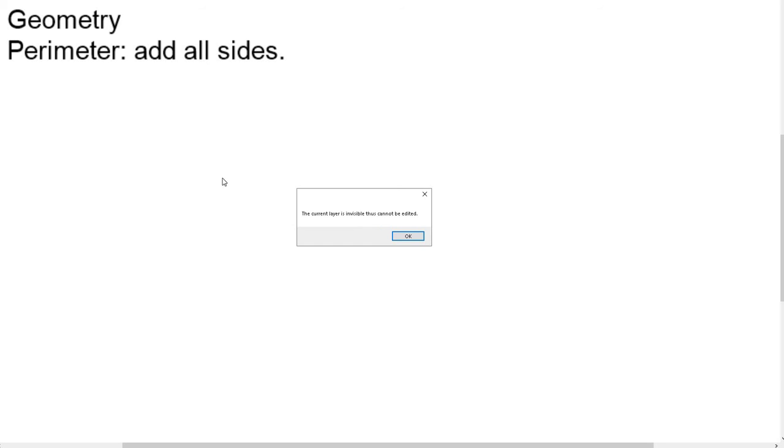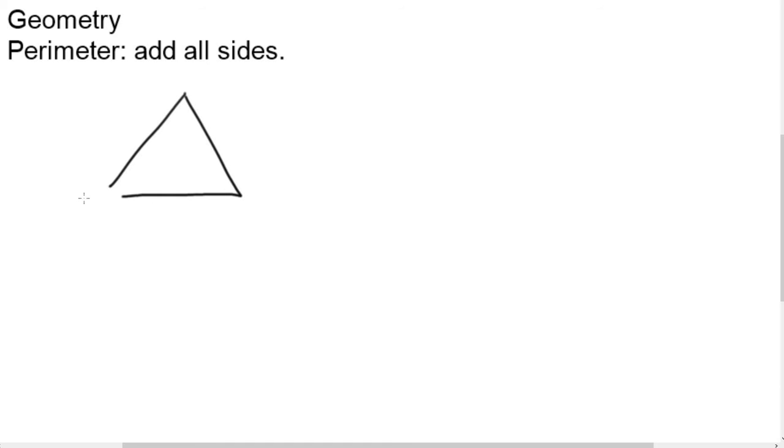If I took this triangle and I wanted to know the perimeter. Okay, I have this side equal to 10 centimeters, here 14 centimeters, and the total is 34 centimeters.